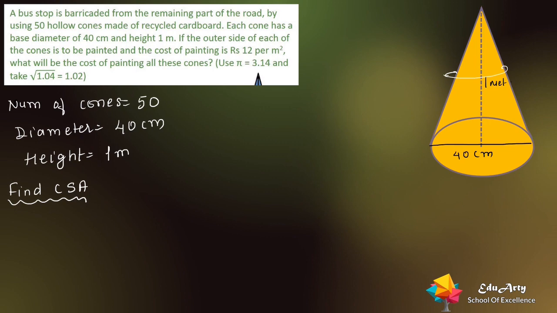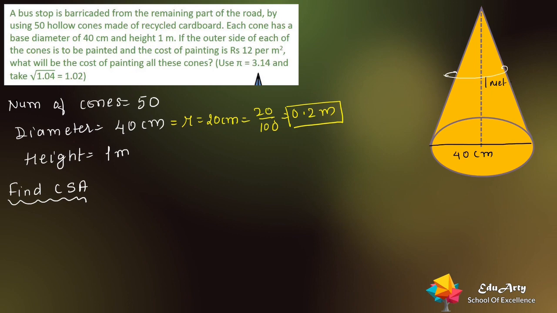Now let us pay attention. If your diameter is 40 centimeters, your radius will become 20 centimeters. 20 divided by 100 will give you 0.2 meters. So now we have our radius in meters and our height also in meters.